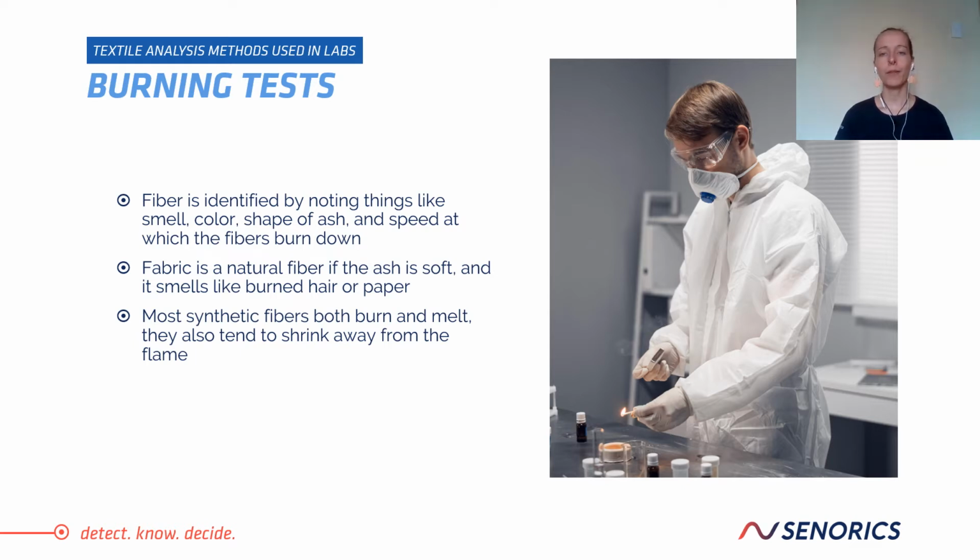Silk, wool, and viscose, on the other hand, smell more like burnt hair. In general, you could say the fabric is a natural fiber if the ash is soft and it smells like burnt hair or paper. Cellulosic fibers like cotton, linen, and rayon burn rapidly with a yellow flame. When the flame is removed, there is an afterglow and then soft gray ash.